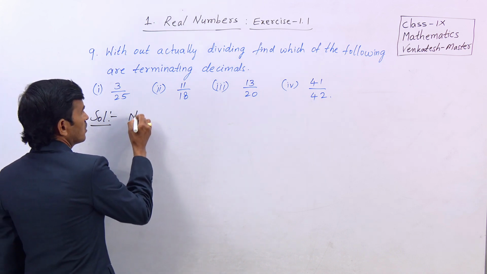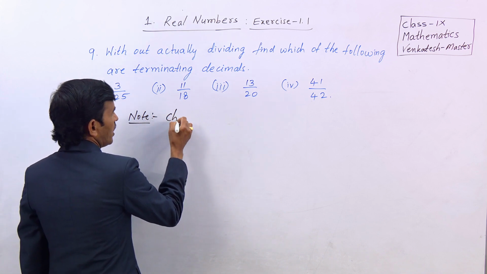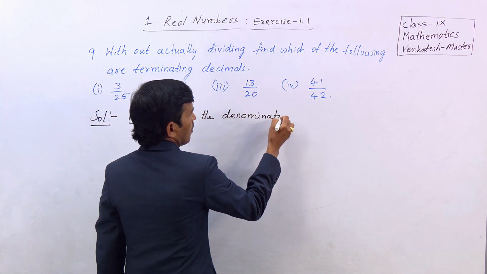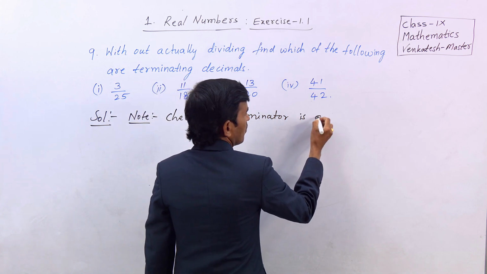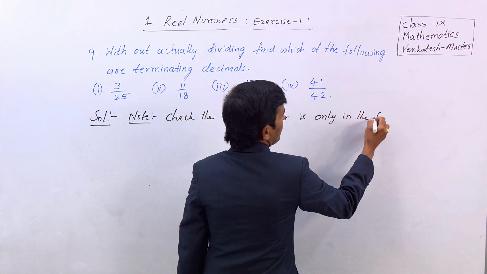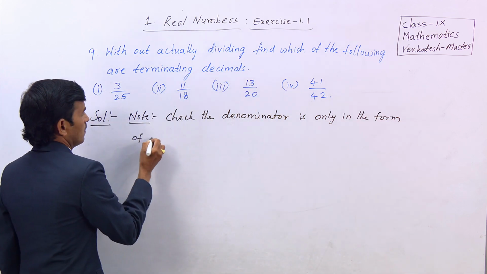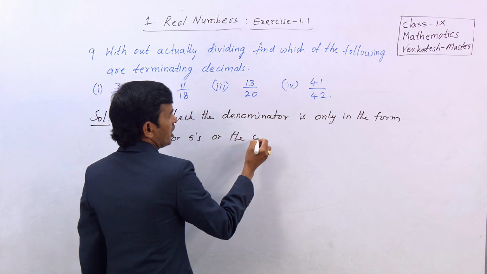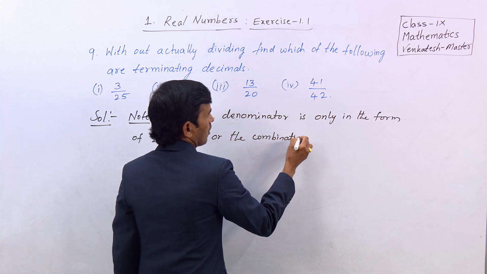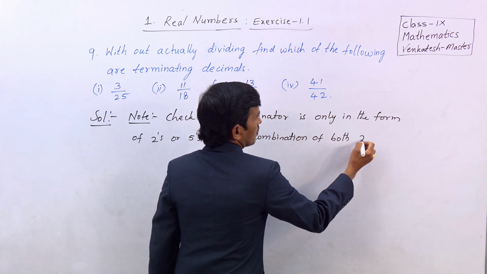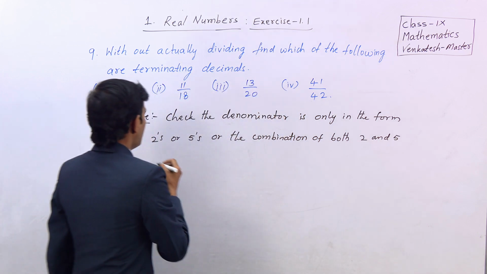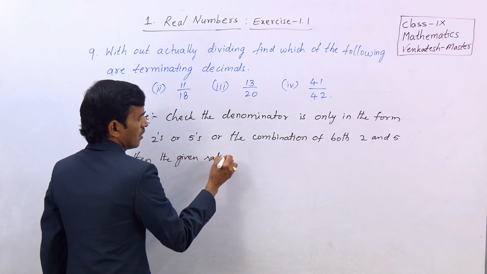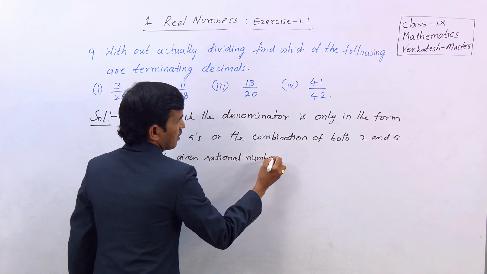So you can write this as a note, that is, check the denominator: if it is only in the form of 2s or 5s or the combination of both 2 and 5, then the given rational number becomes what?